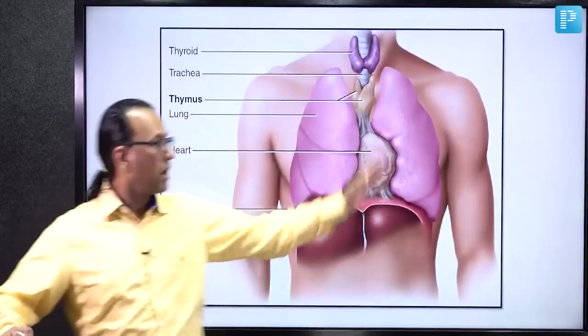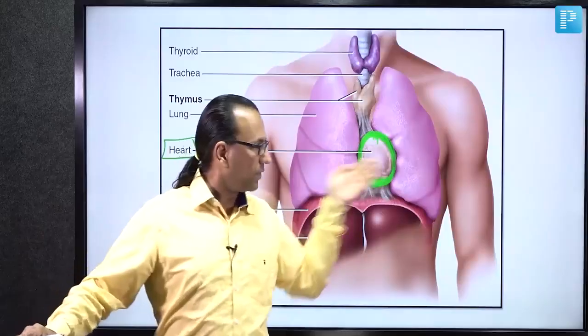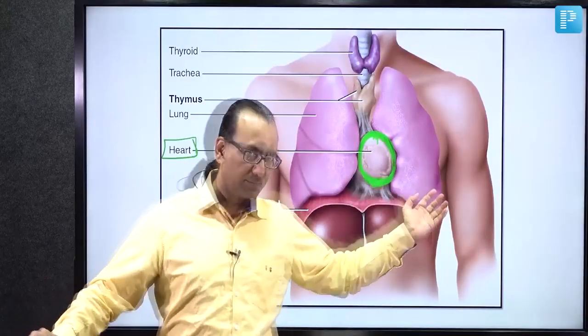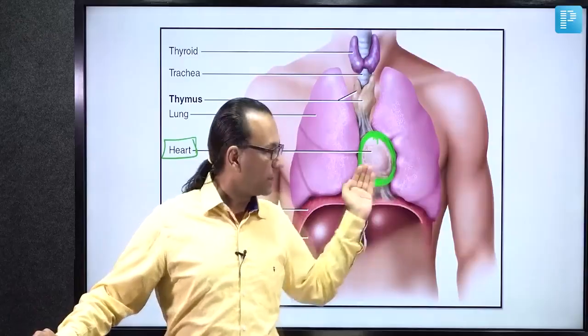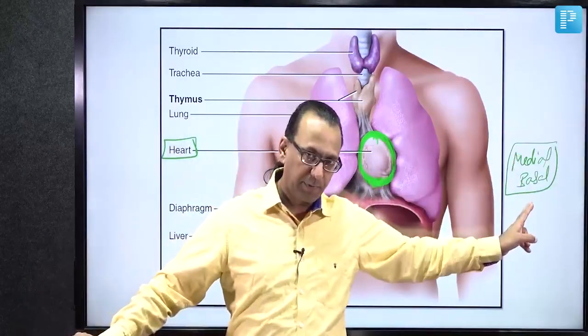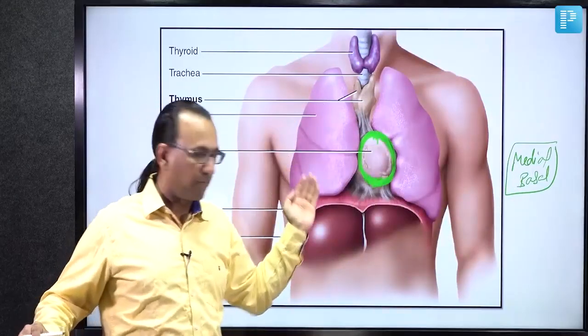As you can see here, the heart is encroaching the base of the left lung from the medial direction. It needs some space, and that space is provided by disappearance of 1 BPS in the left lung. That is the medial basal, which is also called cardiac BPS. Cardiac BPS is present only on the right lung. It is absent from the left lung.